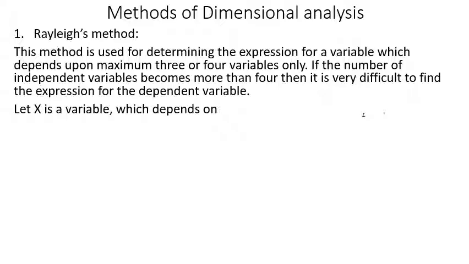So let x be a variable which depends on x1, x2, x3. So there are 4 variables here. x is the dependent variable, and x1, x2, x3 are the independent variables.